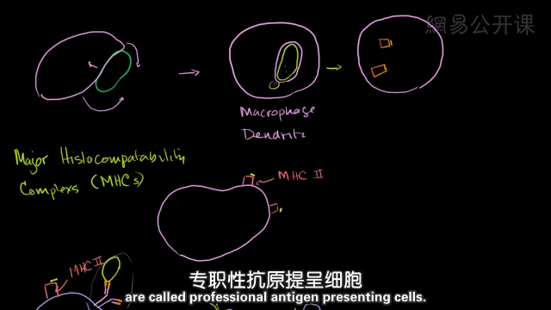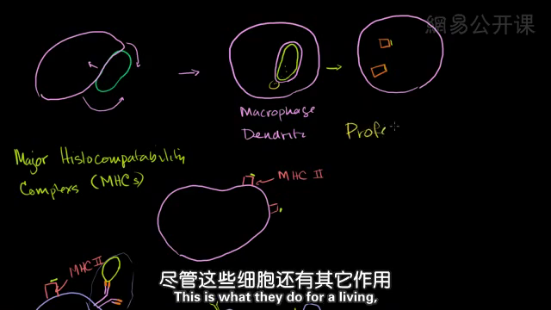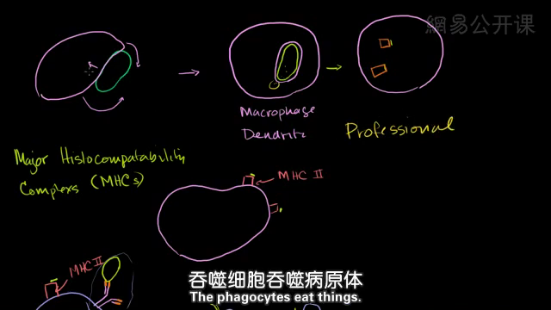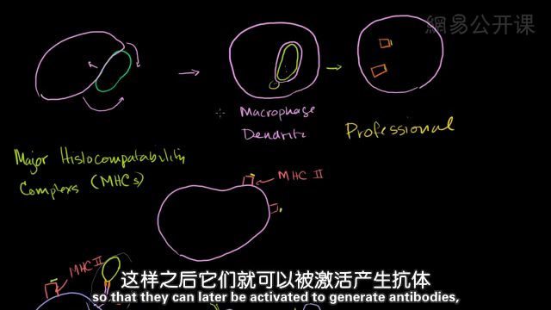Cells that do this are called professional antigen presenting cells. Professional. This is what they do for a living, although they do other things, as we've seen. The phagocytes eat things. The B cells generate antibodies or memories so that they can later be activated to generate antibodies.